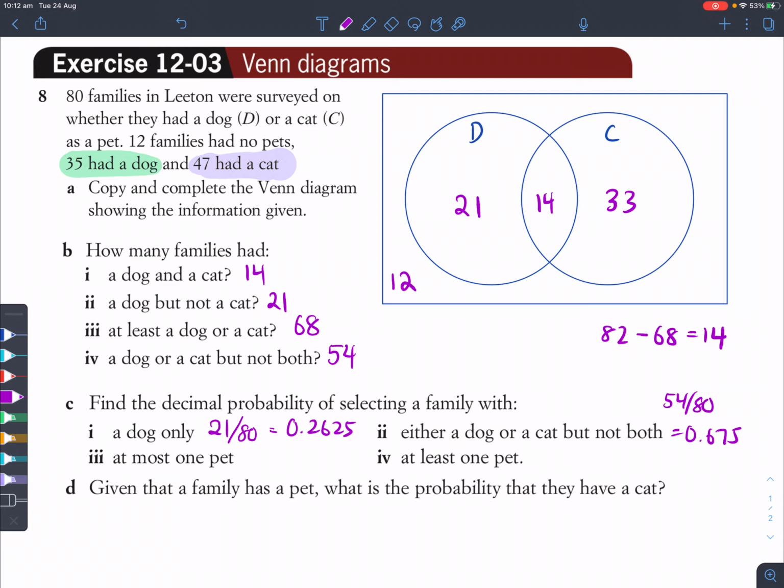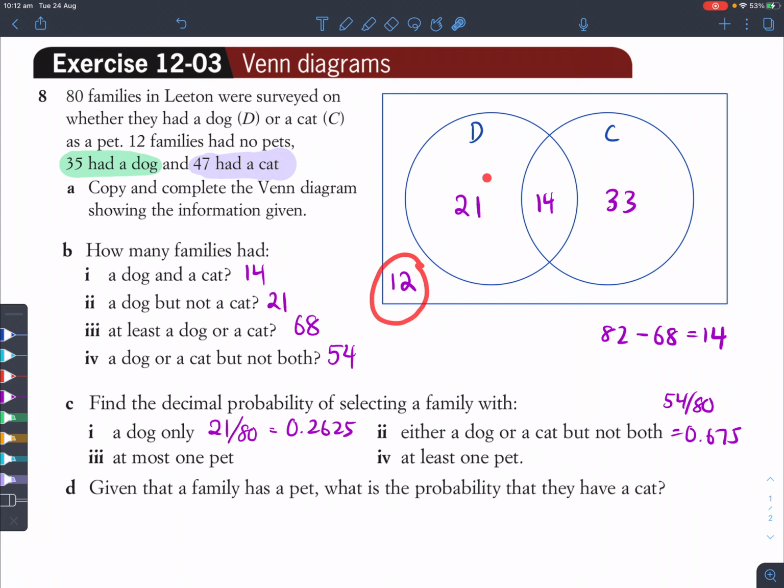Okay. And then for part 3, at most one pet. So what does this actually mean? If it's at most one pet, that means we can't have two, but can we have none of them? We can have none of them. So this does include people or families who don't have pets because we want a maximum of one pet per family.